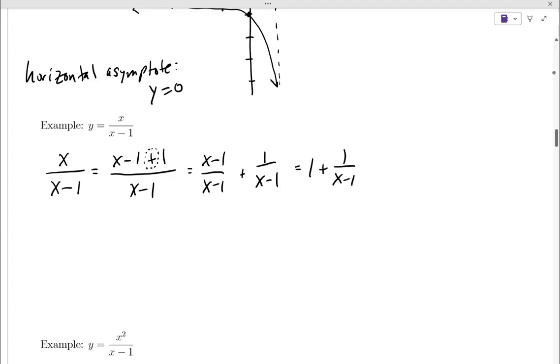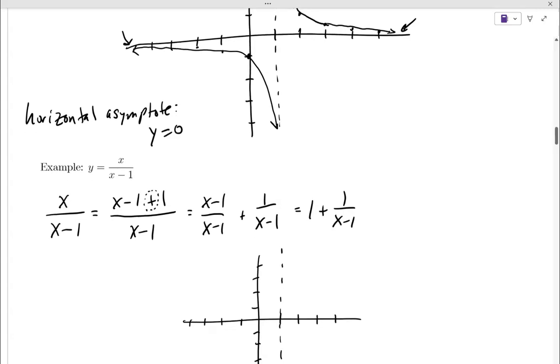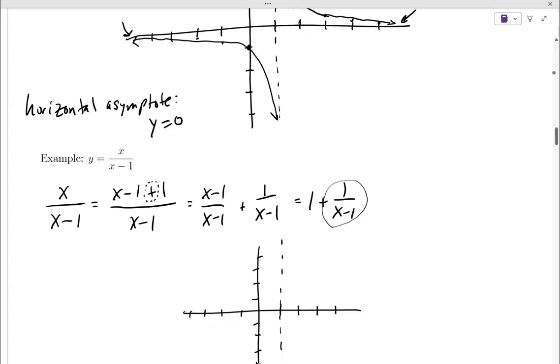Okay. What happens here, and we can actually see this from a transformation standpoint as well, we still have that vertical asymptote at 1. But now, this was the exact function we graphed before, the one I just circled, isn't it? What does the plus 1 do to that graph?